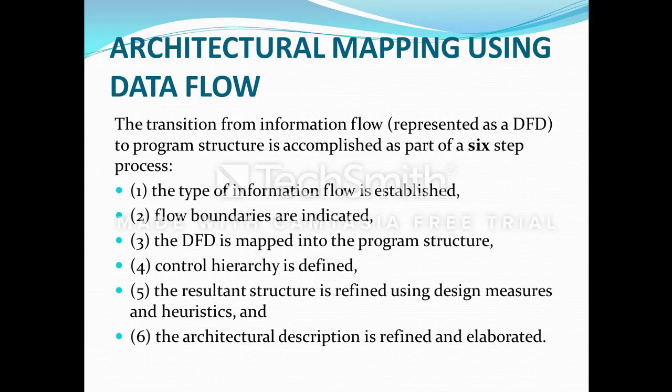The data flows into the system, transforms into the internal form, and finally flows out of the system in the form of external world data. Architectural mapping using data flow means data flow is information flow.